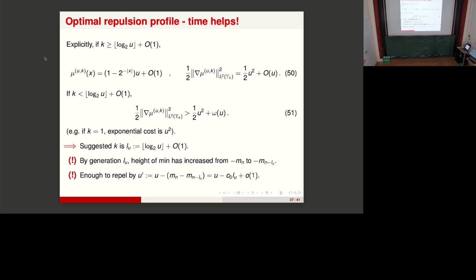The harmonic function goes exponentially to u, and the Dirichlet energy, the cost of doing this, is 1/2 u squared plus order u, and that's regardless of k.